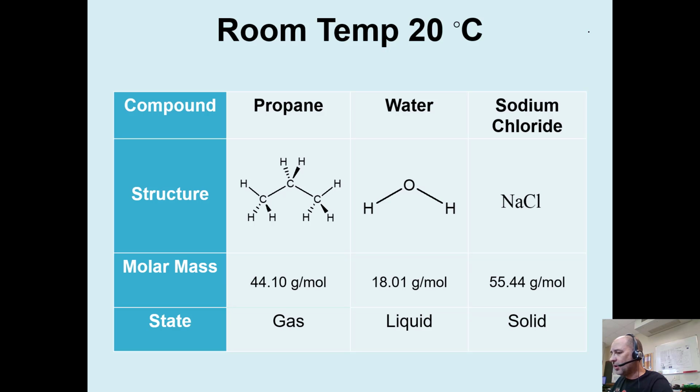The chart we just looked at was for water, but it applies to many other materials. Here we have three different compounds. Propane, which you should identify as having only nonmetals, meaning this is a covalent compound. And it's also nonpolar because the difference in electronegativity is very low.